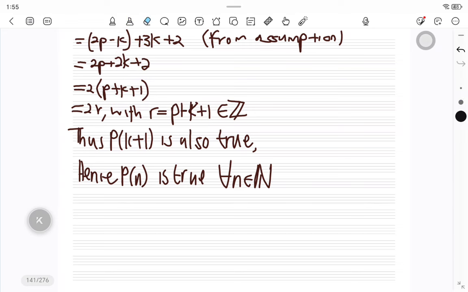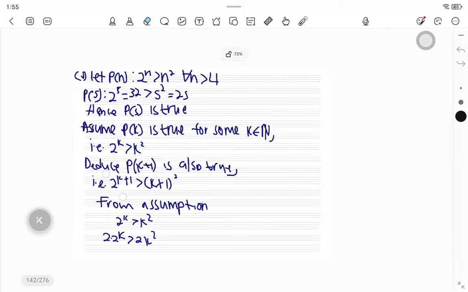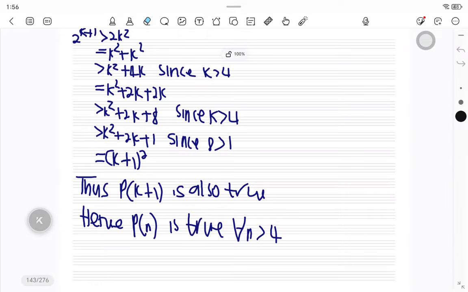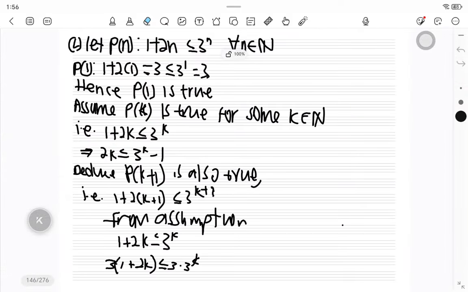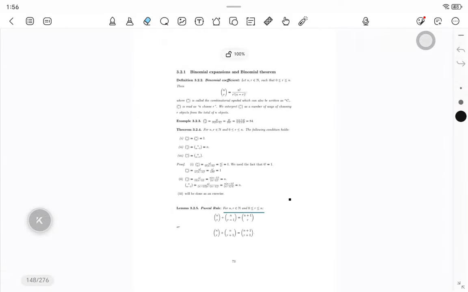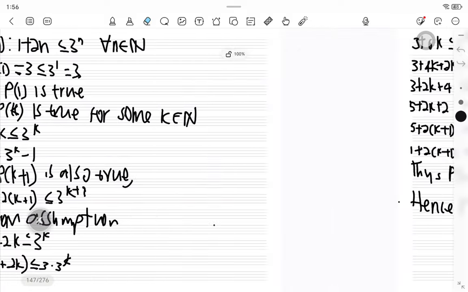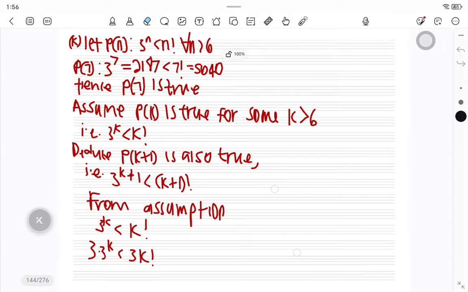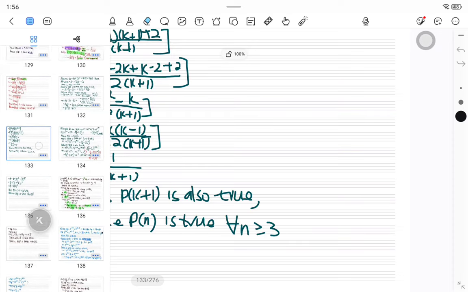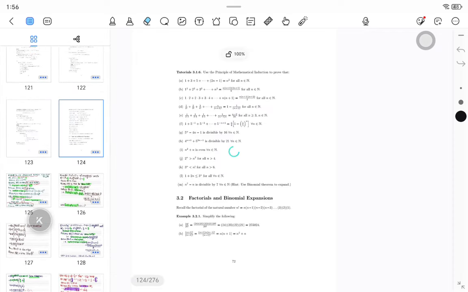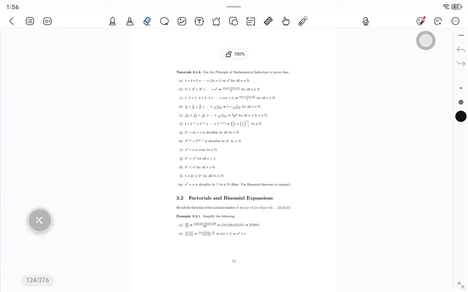Now we have these ones of inequalities, right?